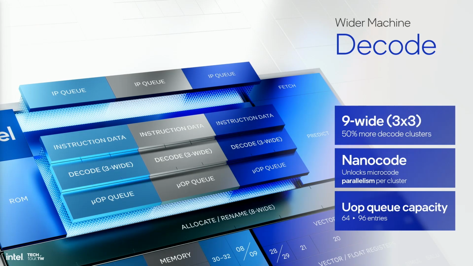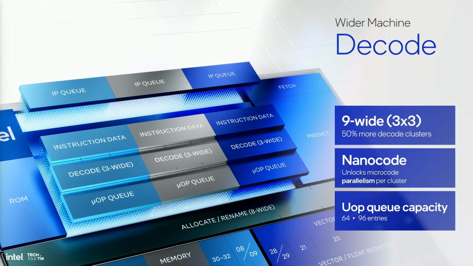Take a gather instruction or something along those lines that we would have to generate 2, 3, 10 UOPs. Now, cluster 0 can happily generate gather UOPs. Cluster 1 can also generate gather UOPs if that's what it's doing. And cluster 2 continues decoding whatever it wants out of order. So nanocode is that next thing that adds to the bandwidth and gets more reliable decode.